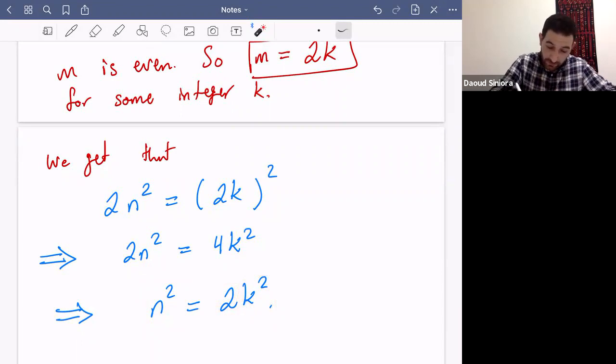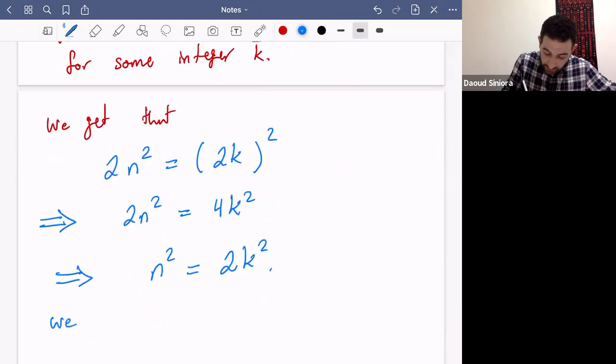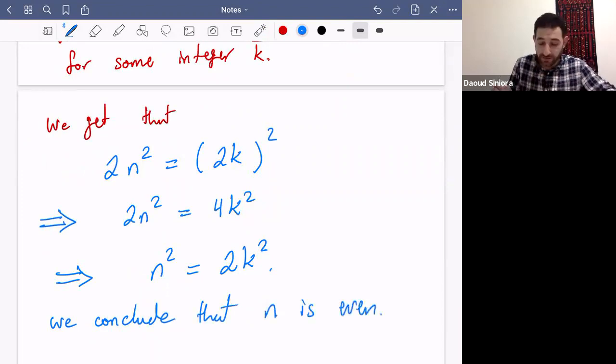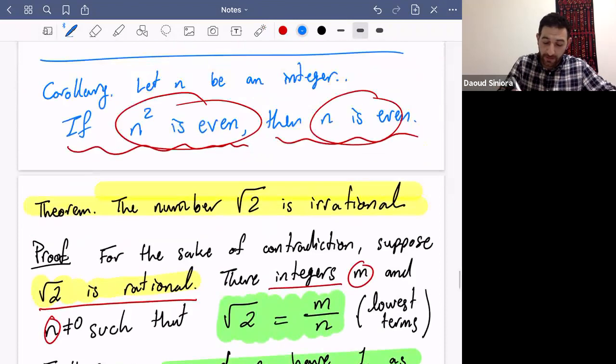Okay? So we can conclude that n is even, again by using the previous corollary, that if n squared is even, then n is even.